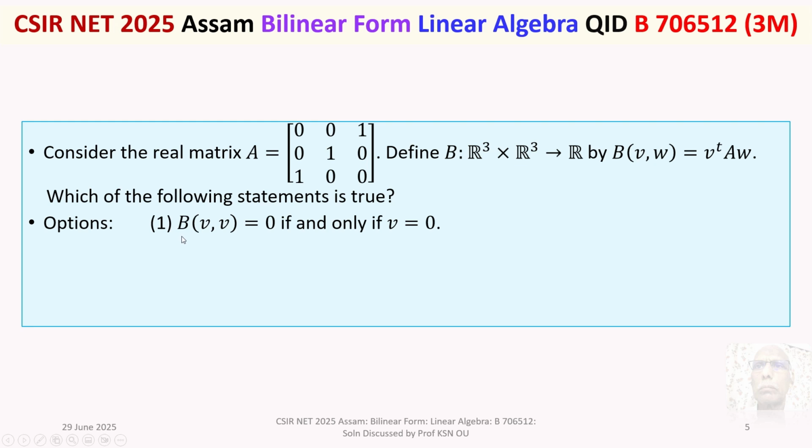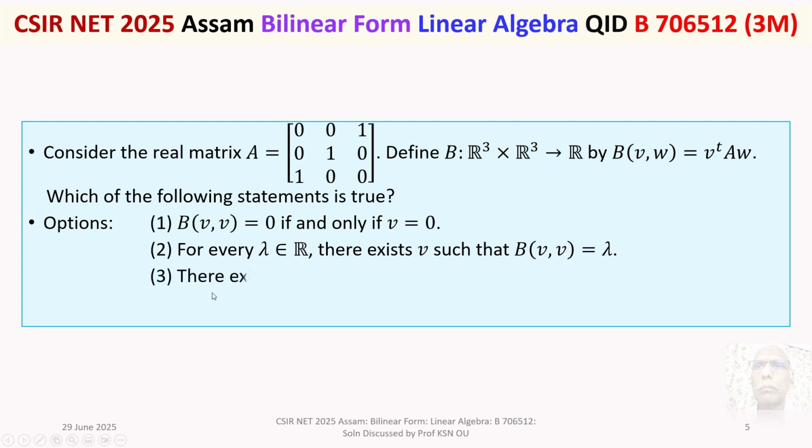Option 1, B of V comma V is 0 if and only if V is 0. Option 2, for every lambda belongs to R, the set of real numbers, there exists a vector V belongs to R cube such that B of V comma V is equal to lambda.